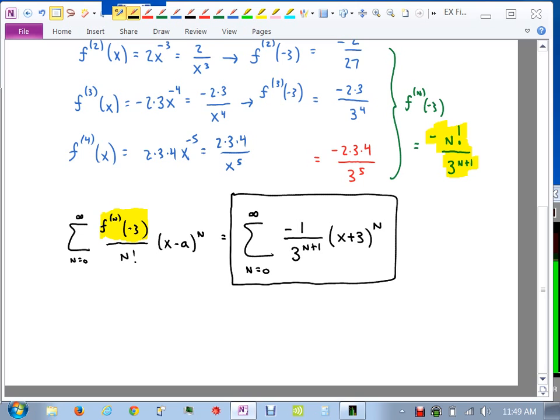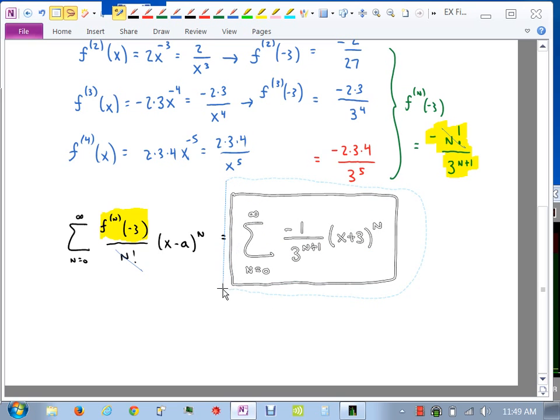Yes, this yellow highlighted stuff was replaced there. So the n factorials canceled, right? This n factorial here canceled with that n factorial there. I was just left with the negative 1 over 3 to the n plus 1. Okay? All right, let's take this and go ahead and find its radius of convergence.